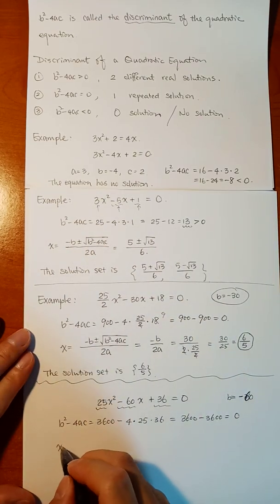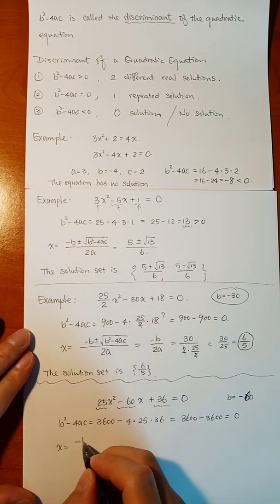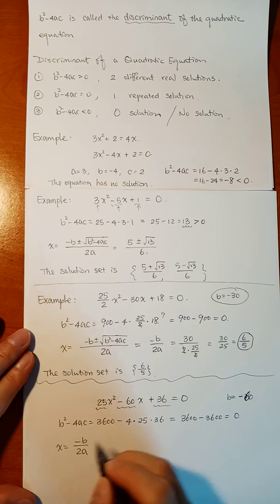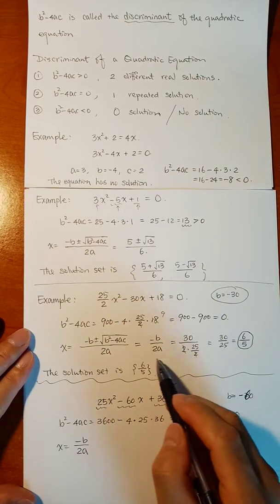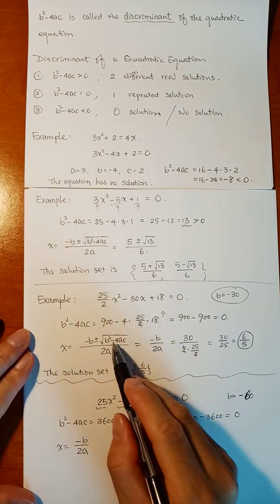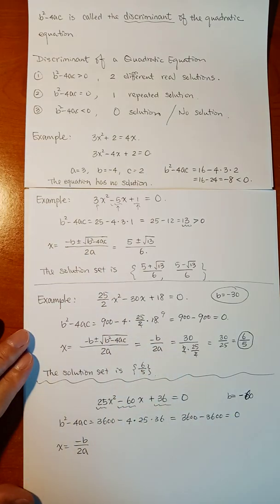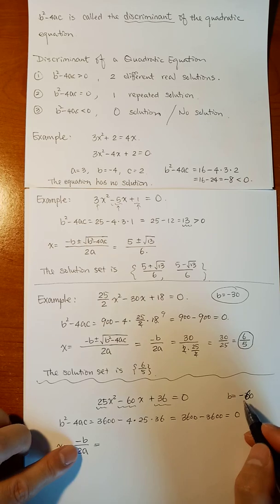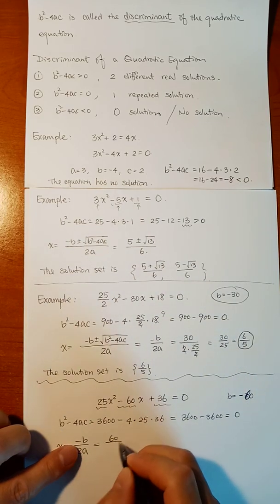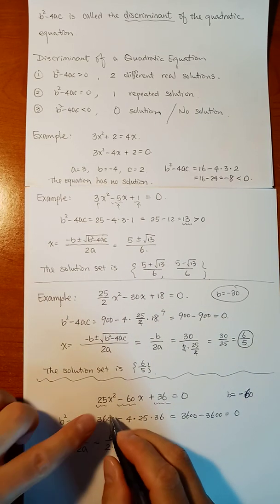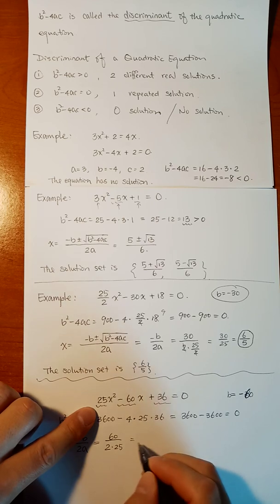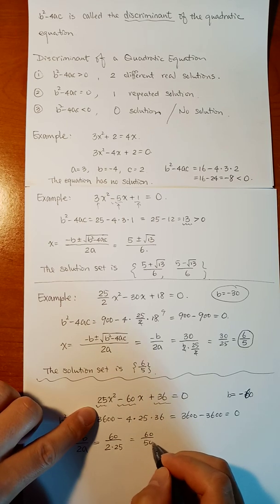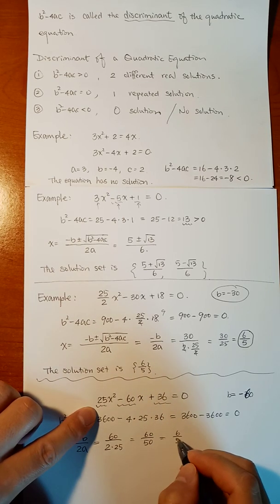Then you have x equal to negative b over 2a. When you have a double root, it's always negative b over 2a. It's always like this because you are going to plus or minus 0. And this time b is a negative 60. Negative b is 60. 2a is 50 in this case, so it's 60 over 50. 6 over 5.